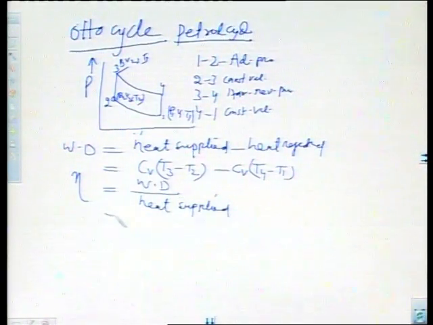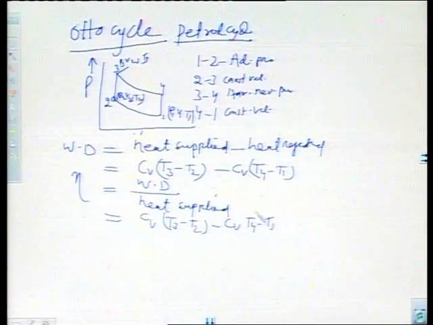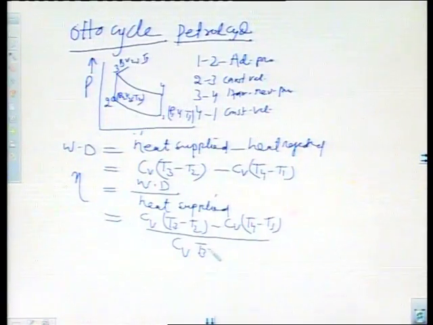Now, what is the work done? We have found Cv (T3 minus T2) minus Cv (T4 minus T1). This is the work done, and what is the heat supplied? Same, Cv (T3 minus T2). This is our efficiency. We will further derive it.